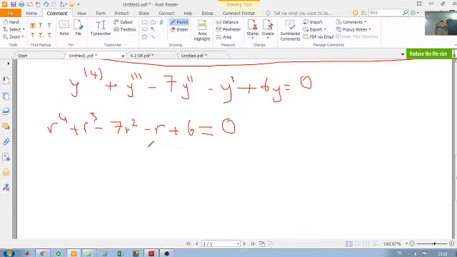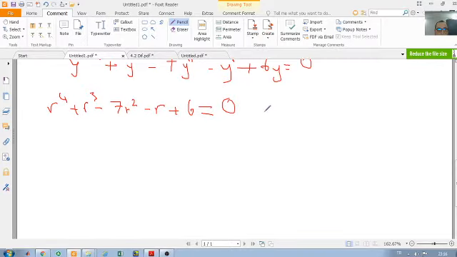So here we should find the roots of this characteristic polynomial. I guess we should write the term r cube and minus r together, and the remaining terms will be another group here, namely r to the power 4 minus 7 r square plus 6, and plus r cube minus r is equal to 0.